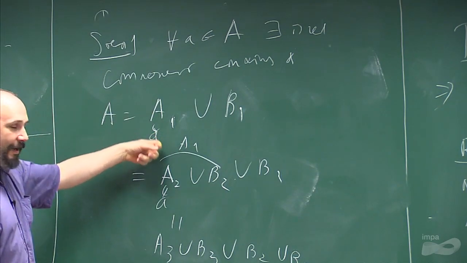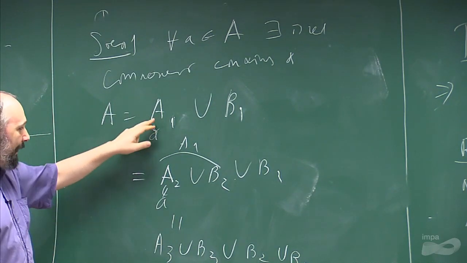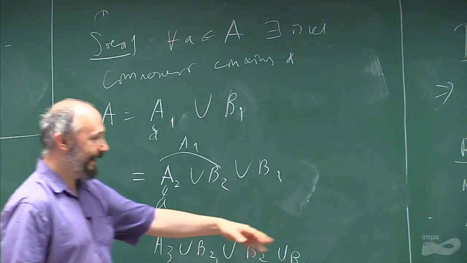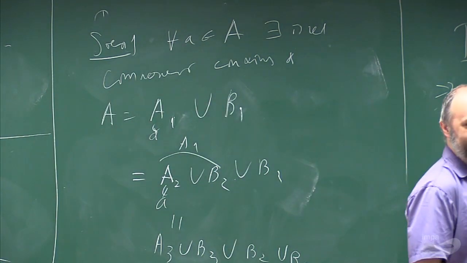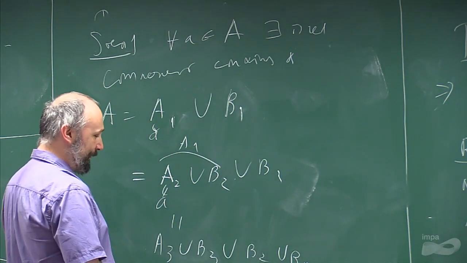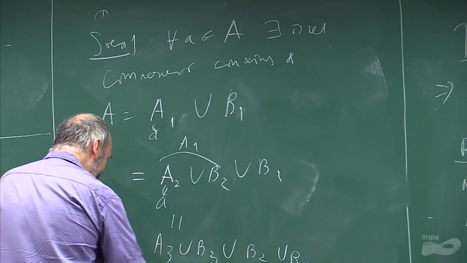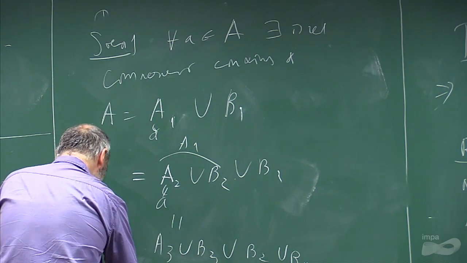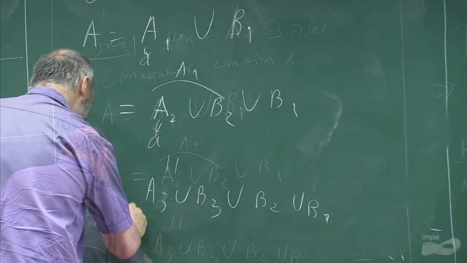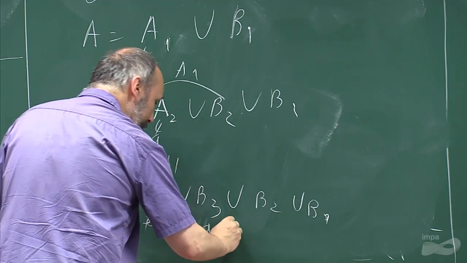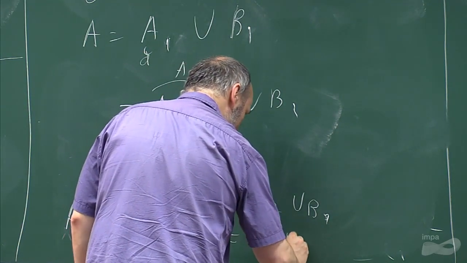And this is a decreasing chain of subvarieties, A1, A2, A3, and so on, which is impossible. So then we arrive at a contradiction. Since A_i stabilizes, the point a is contained in A_i, which is irreducible.